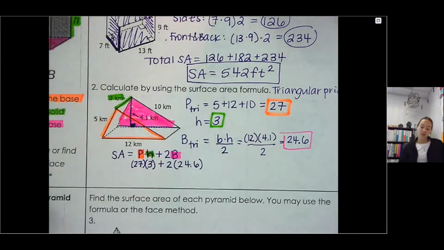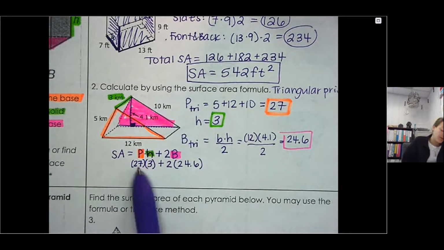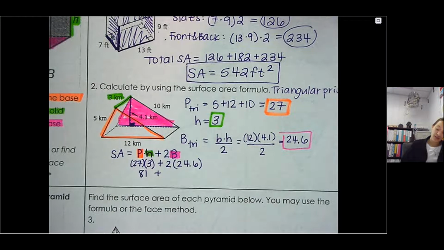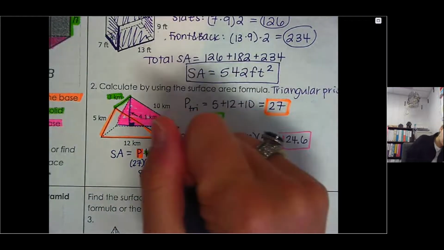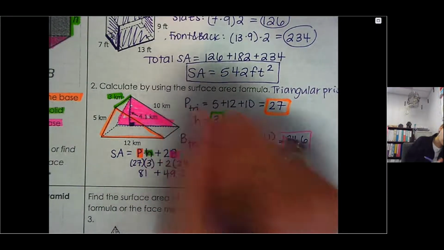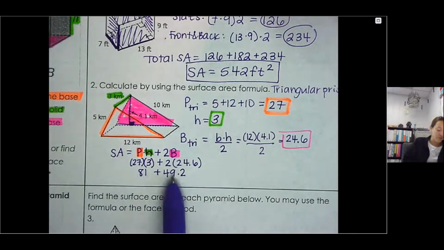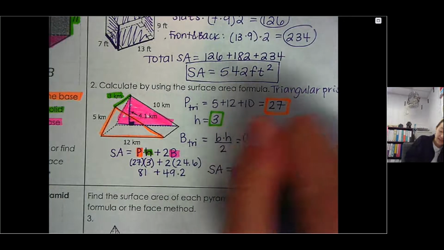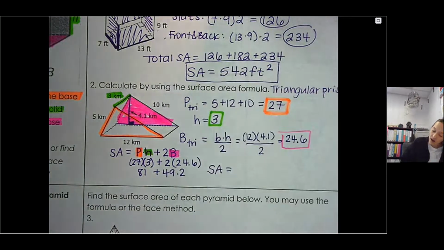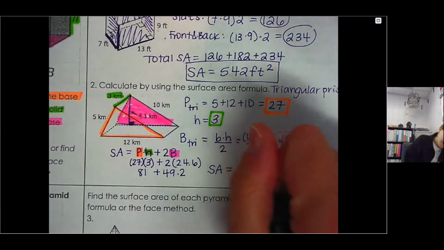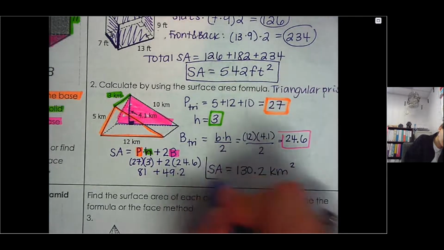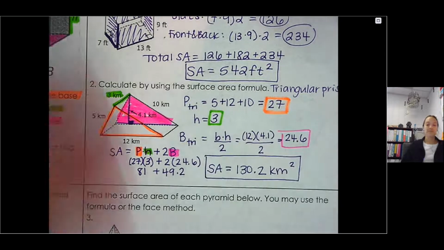Okay, so order of operations says I need to multiply first before I can add. So 27 times 3 is 81. 2 times 24.6 is 49.2. So my last step is to just add 81 and 49.2. I get that my surface area is 130.2. That is kilometers squared because we're talking about area.